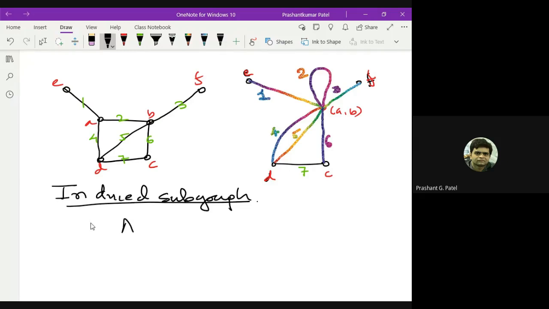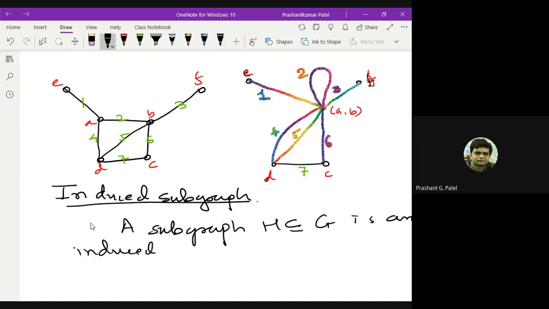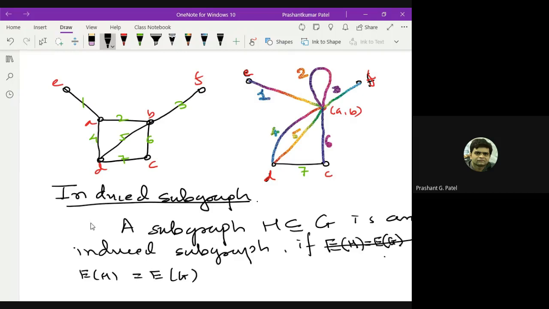So a subgraph H is an inclusive subgraph if the edge set of H is equal to the edge set of G intersection with the vertex set of H. Okay. So this is the definition of an inclusive subgraph.